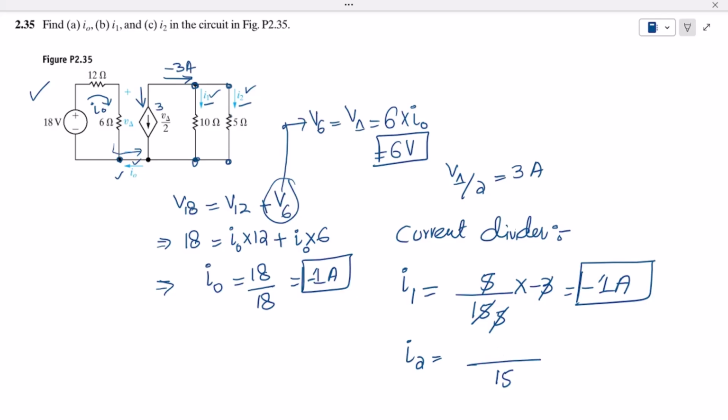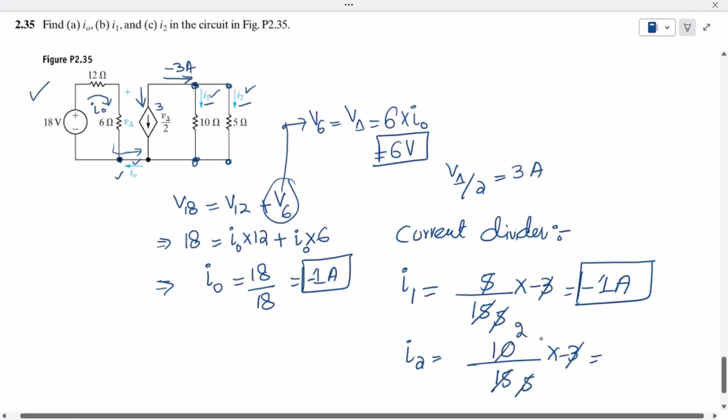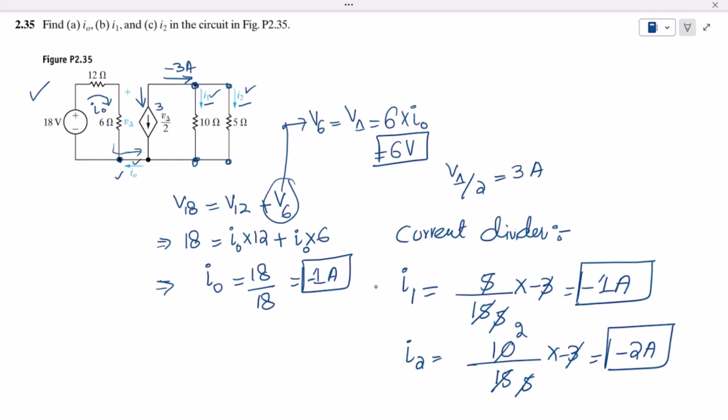The opposite resistor of this I2 is this 10 ohm. So this is 10, multiplied with the source current. Okay, I think you have got my point. So this is minus 2 amperes. So I1 is minus 1, I2 is minus 2, and the value of I0 is also minus 1.